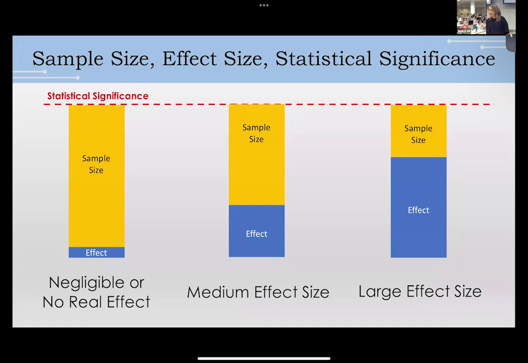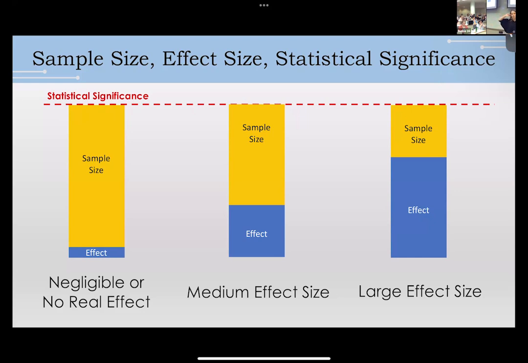And so the reality is there are lots of ways to achieve statistical significance. It has to do with the combination of effect size and sample size. If your effect is large, then you don't need a lot of people. If your effect is small or medium, you need more people. If your effect is negligible, or what I would call no practical meaning or no practical significance, then you need a lot of people.